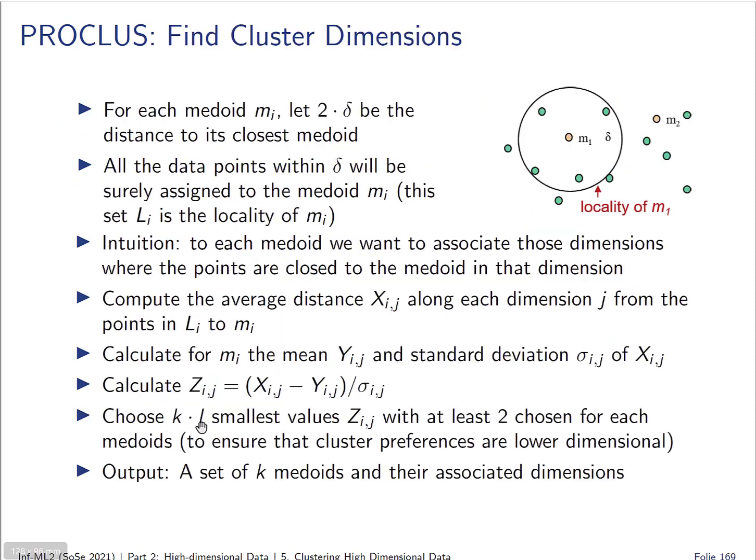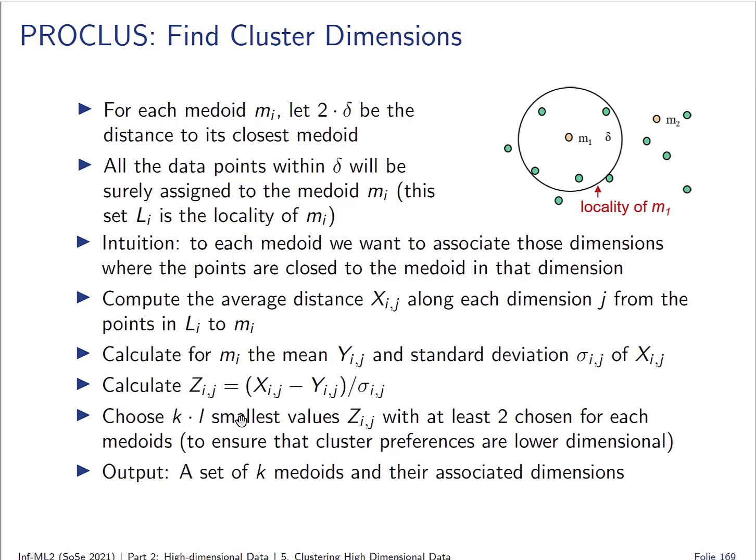So we choose the k times L smallest features from this matrix, so that for k medoids on average L features are relevant. And we also ensure that each medoid has at least 2 dimensions. So the average dimension will be L, the minimum dimension will be 2, and of course the maximum dimension could be D, but that is probably not the case.